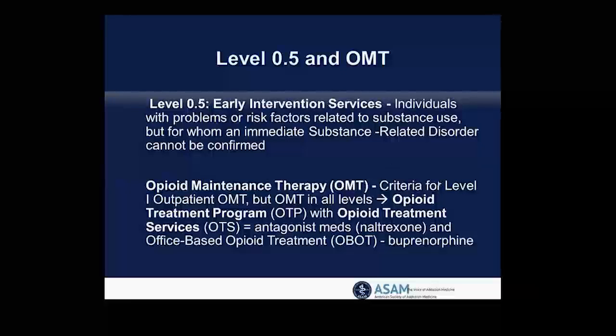And then we also include in the opioid treatment services chapter the use of antagonist medication, naltrexone, meaning it does the opposite of the drug. So if somebody's on naltrexone, that is occupying the opioid receptors. Then if somebody gets high with heroin or OxyContin, they won't get a reinforcing high because they already have the receptors filled with naltrexone, an antagonist medication. So we have criteria for methadone treatment, in other words.